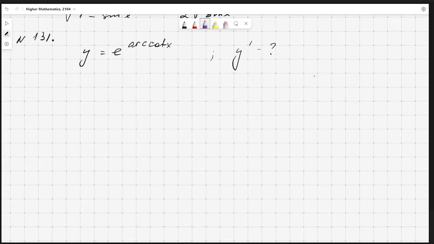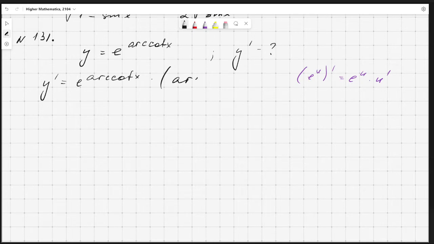You know that derivative of e to the power of u is e to the power of u times derivative of argument. Y prime will be equal e to the power of arctangent of x times derivative of argument. Derivative of arctangent is 1 over 1 plus x squared.